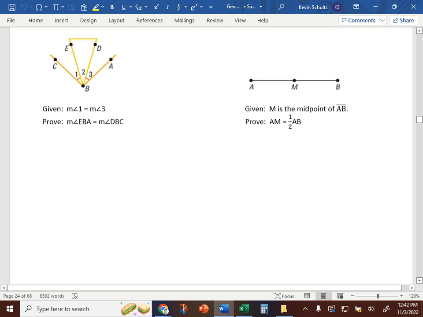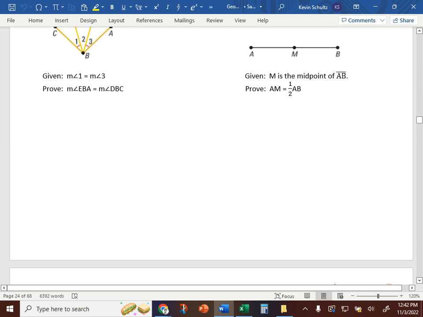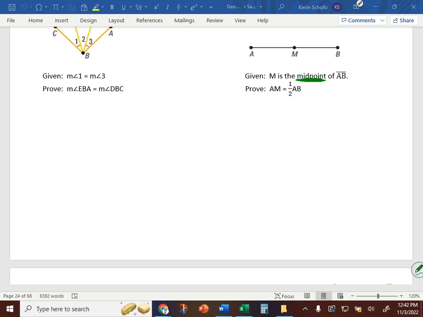Starting this one, we're going to start with the given statement. And here's the trick on where to go next. Whenever you are given a term or a definition in a given statement, we are told that M is the midpoint of AB.